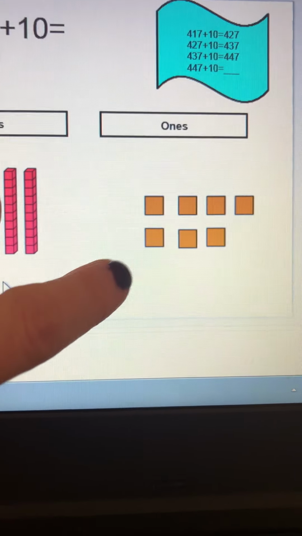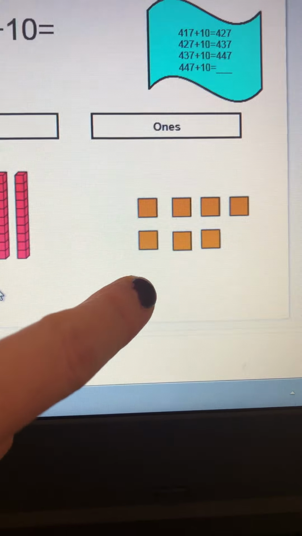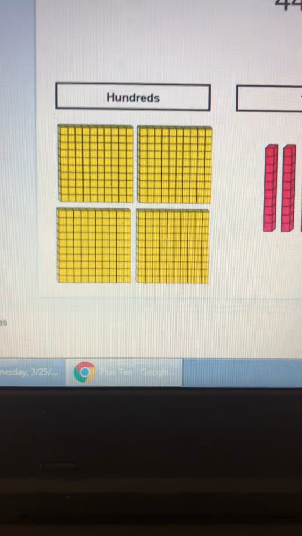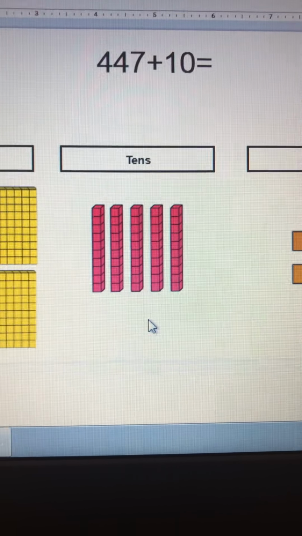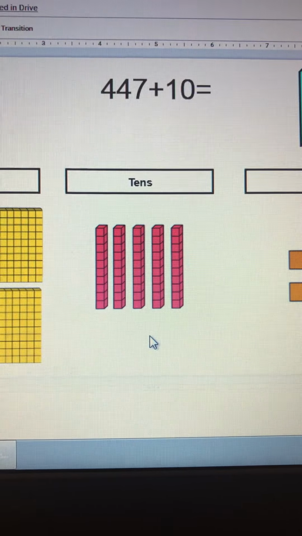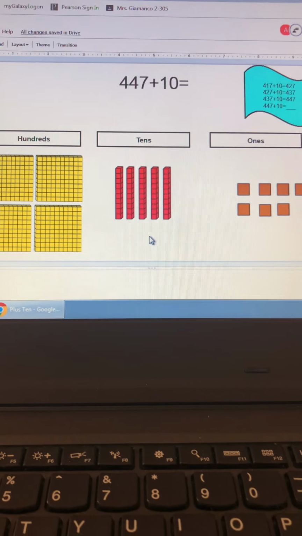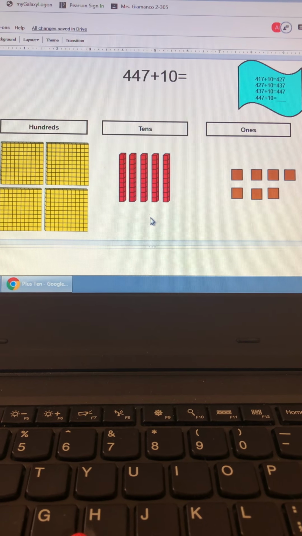What about my ones? Nope, it's staying the same, correct? Yep, so it's staying as 7. What about my hundreds? My hundreds are staying as 4. So 447 plus 10 equals, everyone, 457. Very good.